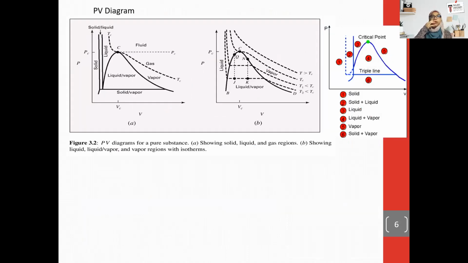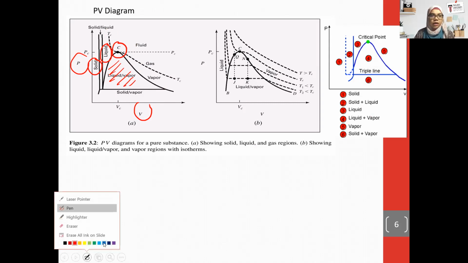For the PV diagram here, it's the same. We have P versus V, and we have the temperature for this line. You can see here we have the solid phase, and then the liquid region, and under the dome here is the two-phase region. We have the liquid-vapor region, and this C here is the critical point. If we increase the temperature, let me change the color.